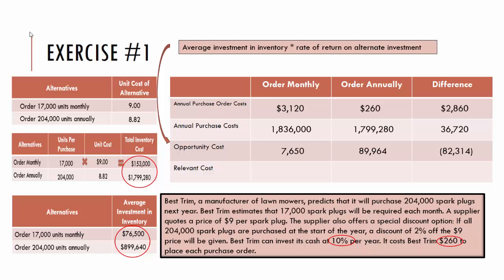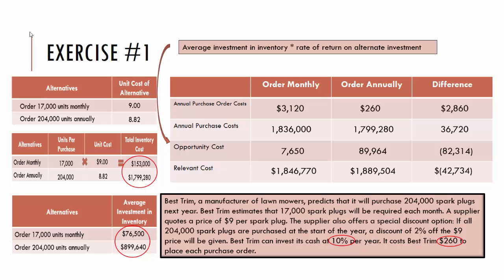So our relevant cost for ordering monthly is just the sum of those numbers, $1,846,770. If we order annually, it's $1,889,504, which means that our relevant costs for the year of making monthly orders is actually $42,734 less than it would be to order annually.